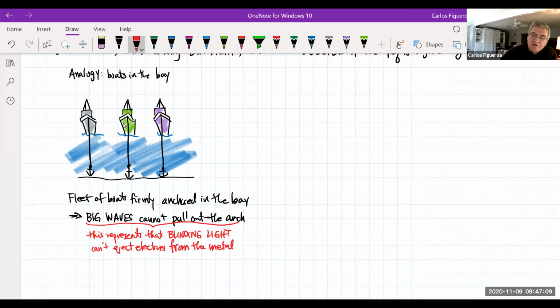So the anchored boats tell you that big waves can't take them out.